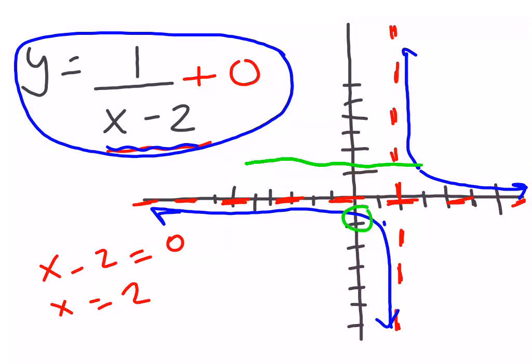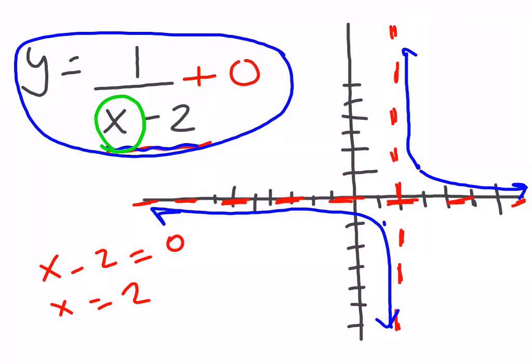So we want to find out what that point is. How do we find it? Well, when it goes through the y-axis, what is our x value? Our x value is just 0, so we set x equal to 0 in our equation to find our y value.